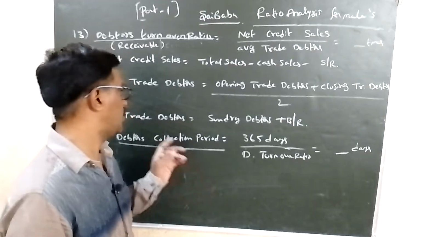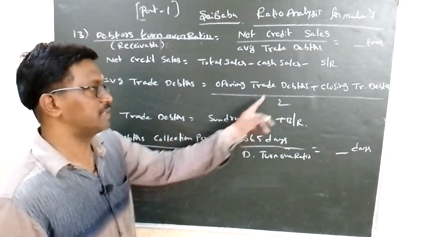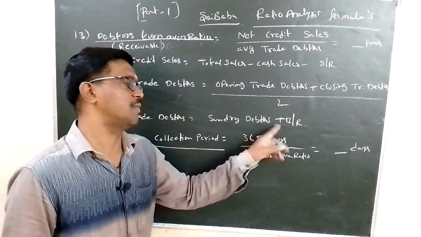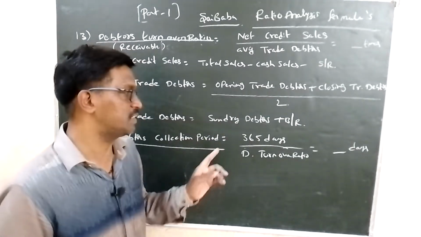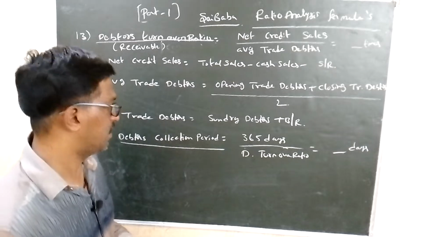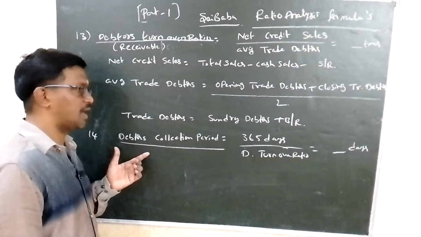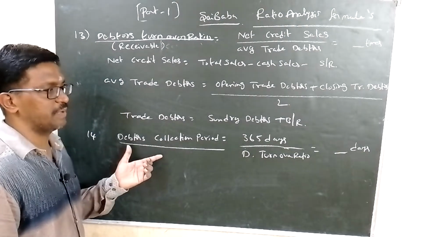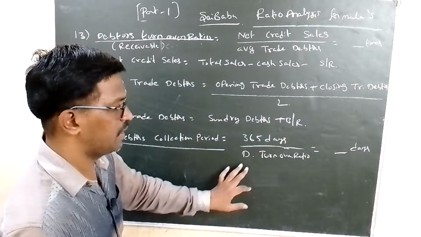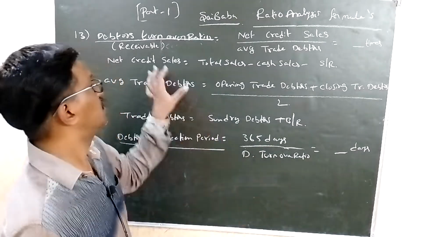Trade debtors equal sundry debtors plus bills receivable. Okay, debtors collection period is 365 days by debtors turnover ratio. The above formula value will be substituted.